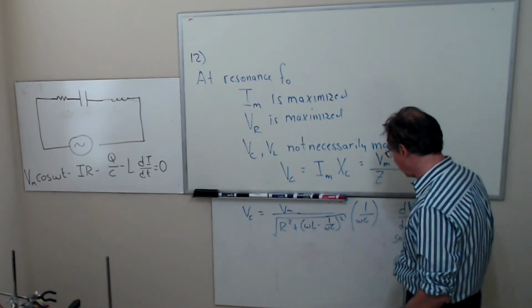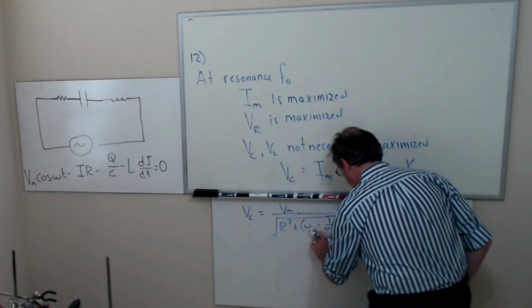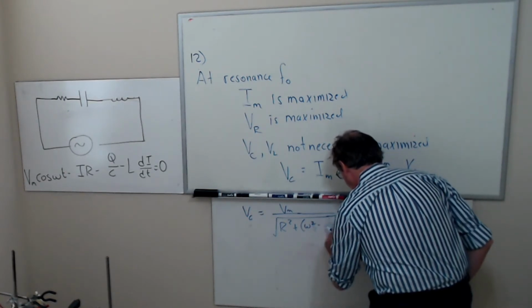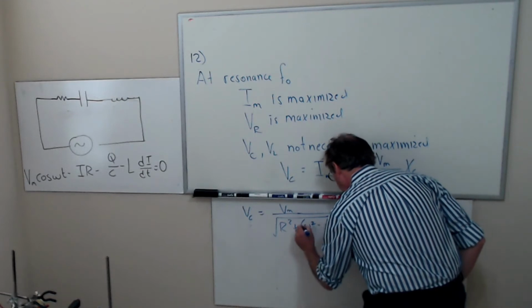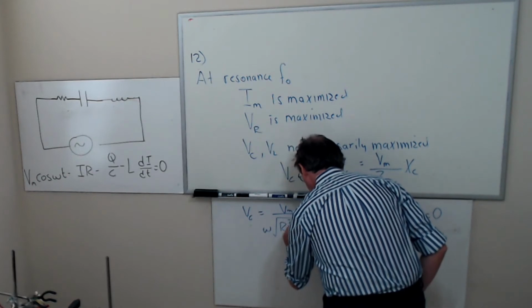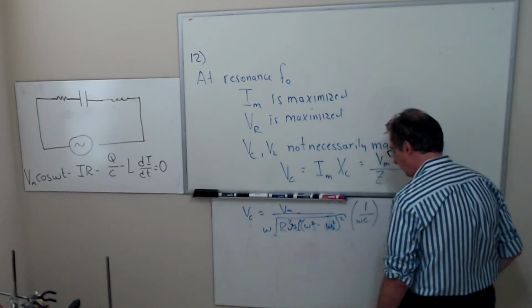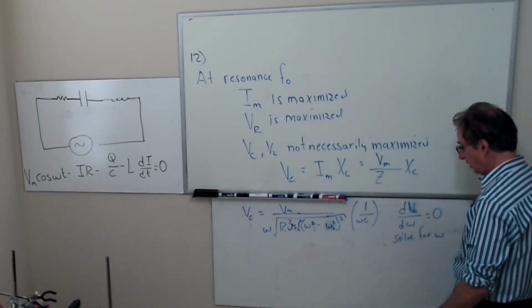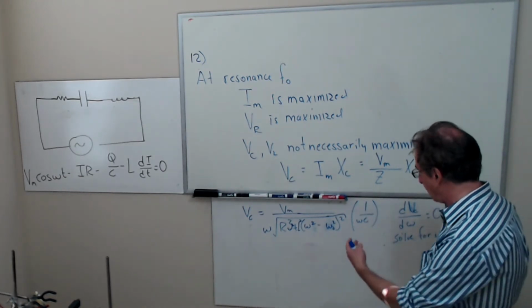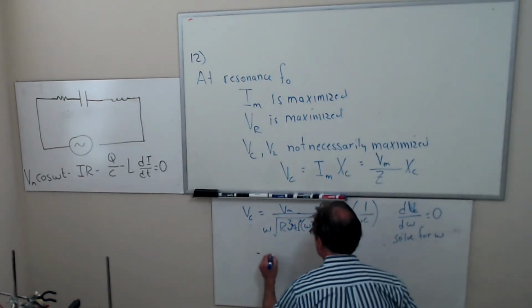If I pull out the omega and I'm going to pull out the L, I get the following. And that omega will cancel out this omega, for the capacitor at least. And now when you take the derivative, you get a nicer expression to differentiate. In fact, for the capacitor, it's very nice to differentiate this. So for the capacitor, you're going to get something like this.